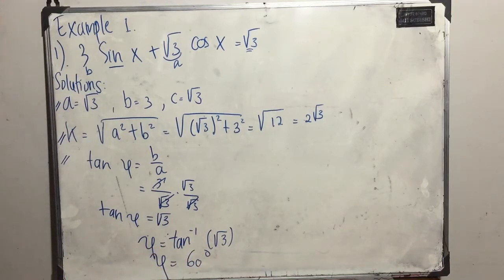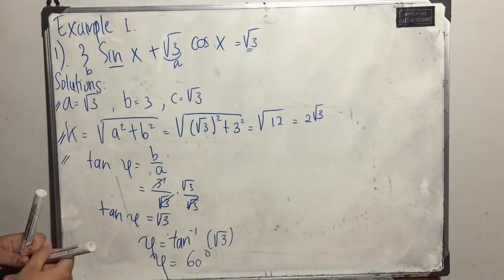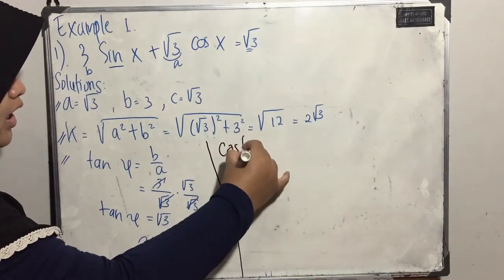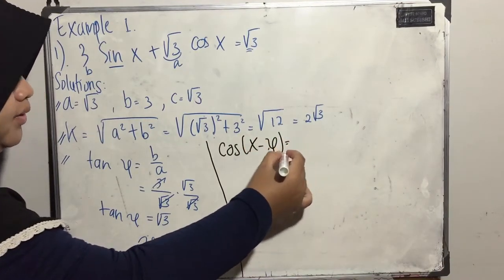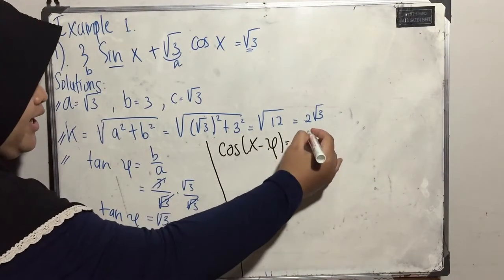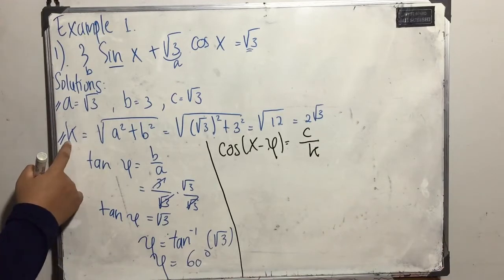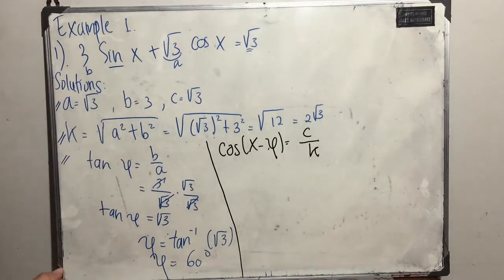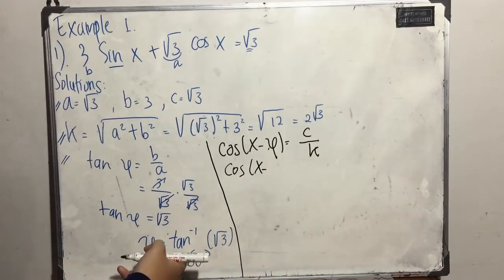Okay, so from here we can continue to find with the formula. The formula is cosine x minus mu equal c over k. Okay, if you don't want to use k, it's okay, you can write square root of a square plus b square, everyone. So here you need to substitute the degree of mu is 60 degree.